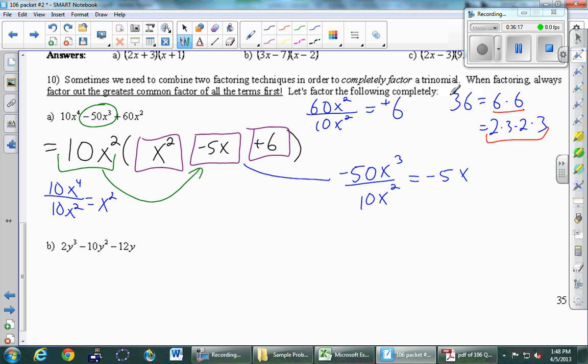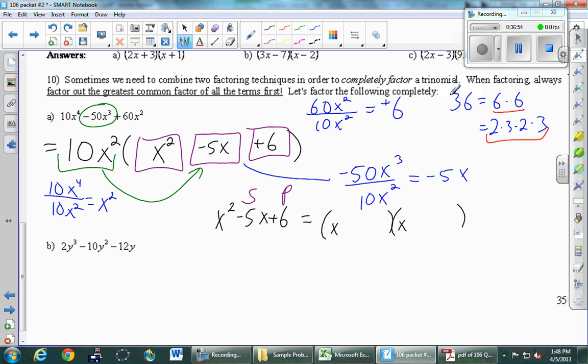Just look at the big parentheses, the x squared minus 5x plus 6. We spent all of last class factoring things that look just like that. So let's do that one separately. I'll put it down here, x squared minus 5x plus 6. This is a product sum example, right? So just to save a little bit of time, I'm just going to write the answer, but this is a very familiar product sum thing. I'll start with x and x.